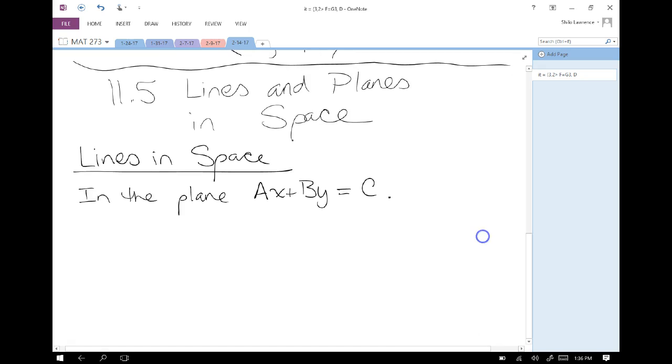So when we write lines in space, we use parametric equations or vectors. They are still linear equations, all tied together with a parameter, another variable that makes sure they all change at the same rate, and the parameter is going to be t.